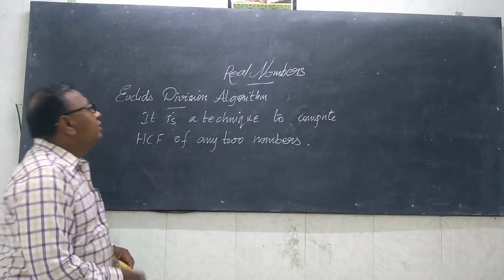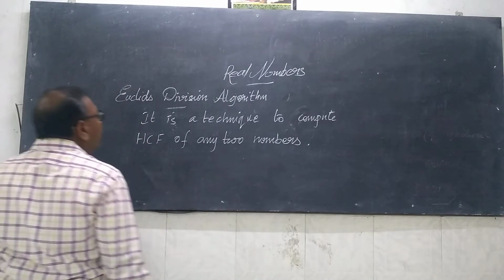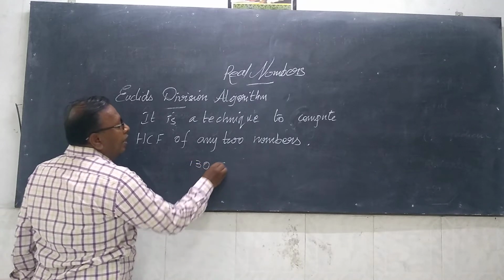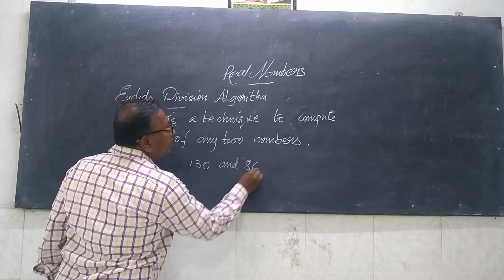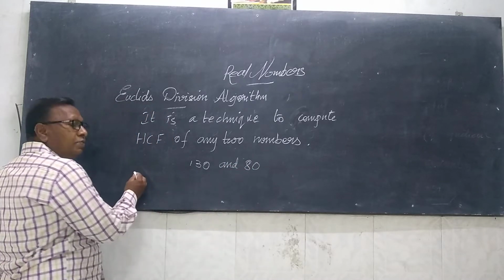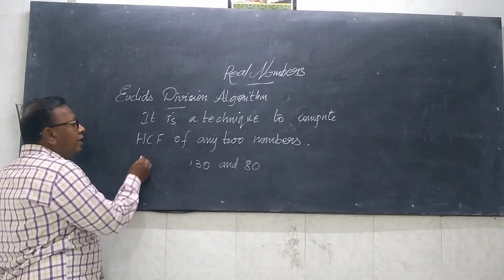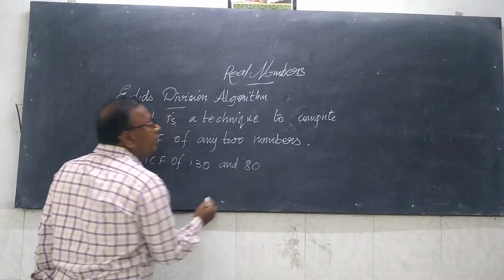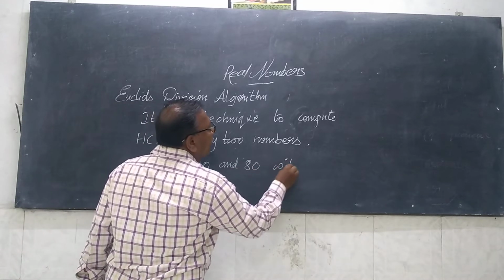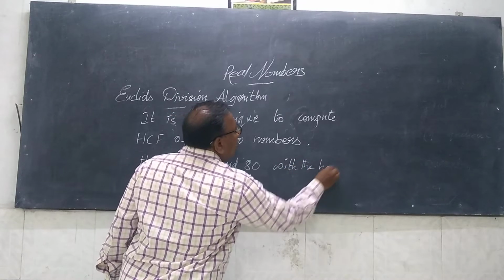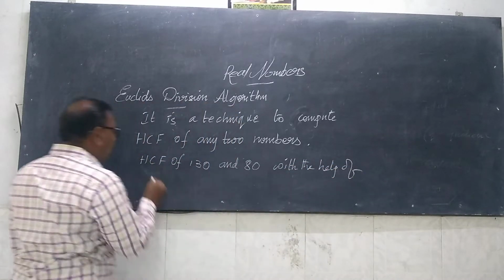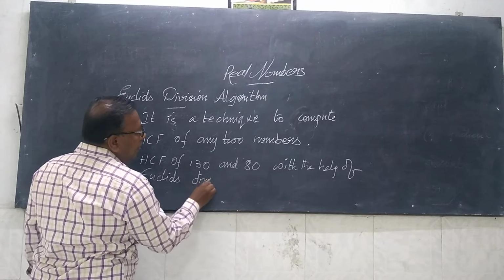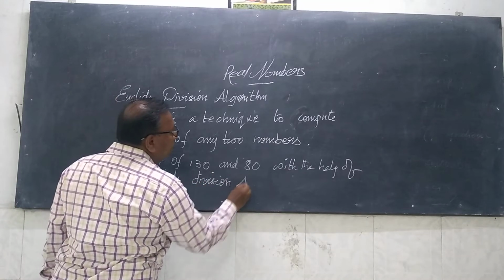For example, let us take 130 and 80. We are trying to find the HCF, highest common factor, of 130 and 80 with the help of Euclid's division algorithm.